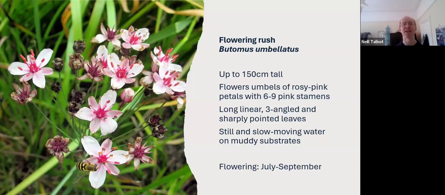And you'll find that on muddy substrates within still and slow moving water. So you will find it in some streams and rivers where it's slow enough, but also ponds and lakes. And that won't be flowering until July through till September.